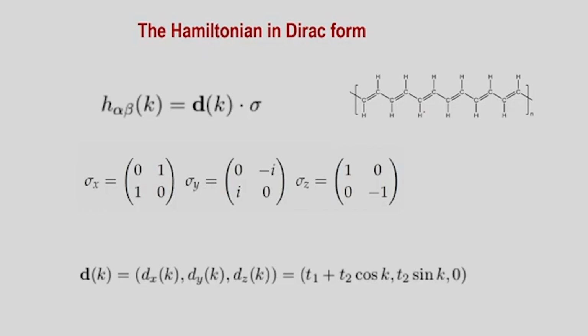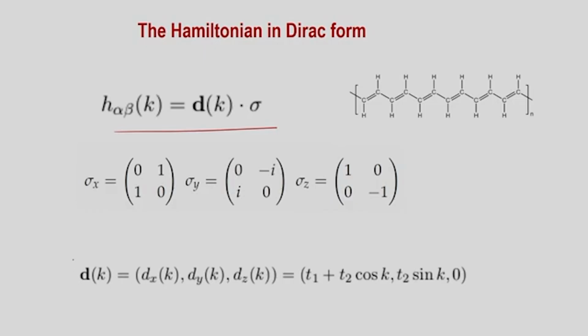Carbon has one electron available for conduction per atom, and so we should get a tight binding Hamiltonian corresponding to this, where H alpha beta has a massless Dirac form. Sigmas are the Pauli matrices sigma x, sigma y, and sigma z.